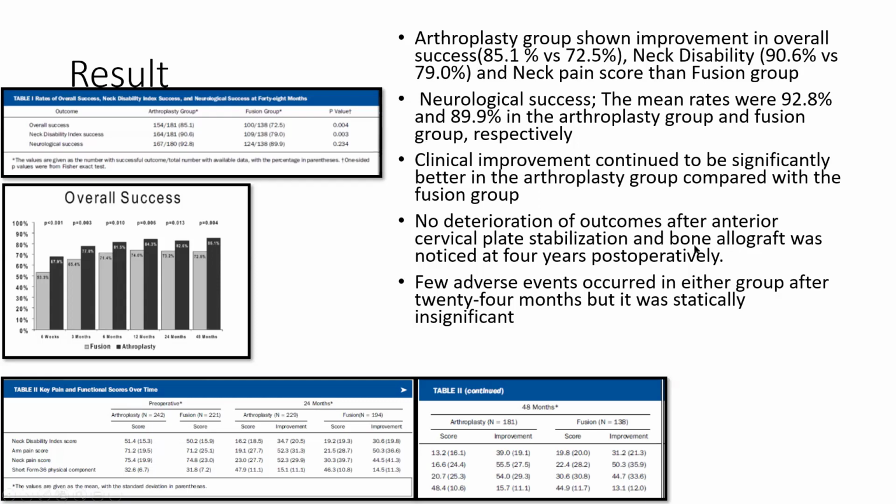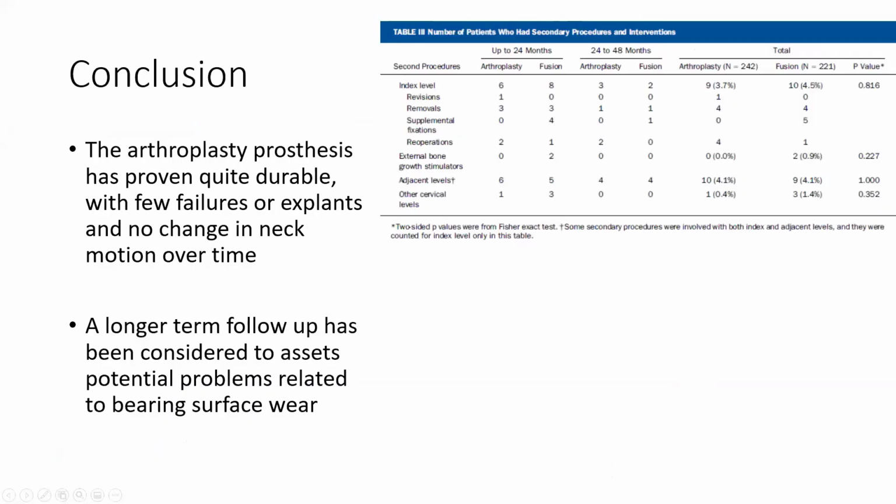So moving on to the conclusions. What the authors concluded in this paper is that the arthroplasty has had improved outcomes reported, as well as low complication rates, including no deterioration of end plates, and increased clinical improvement in the arthroplasty group at 4 years.